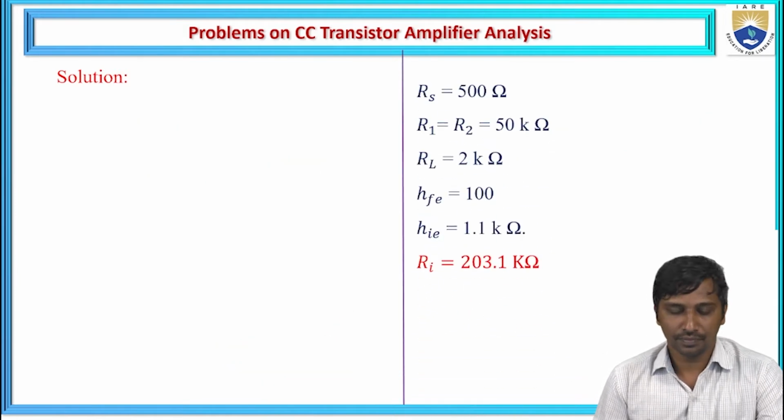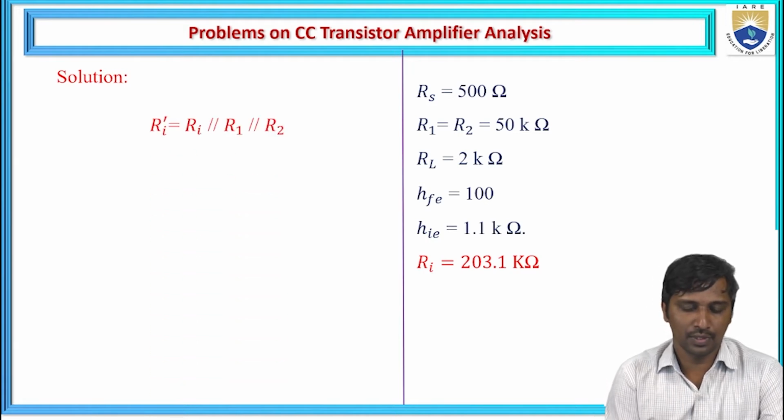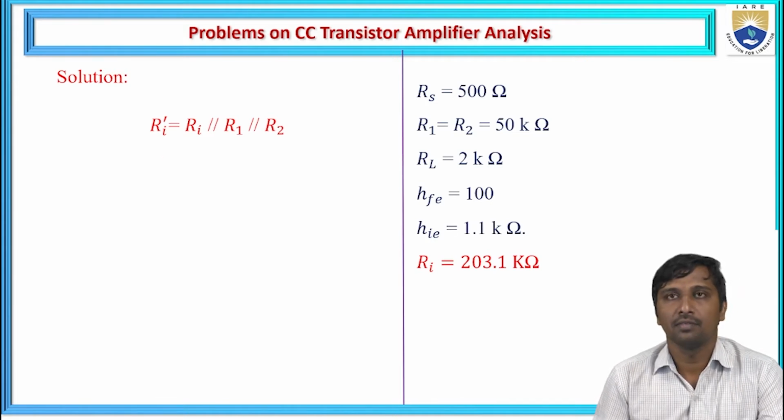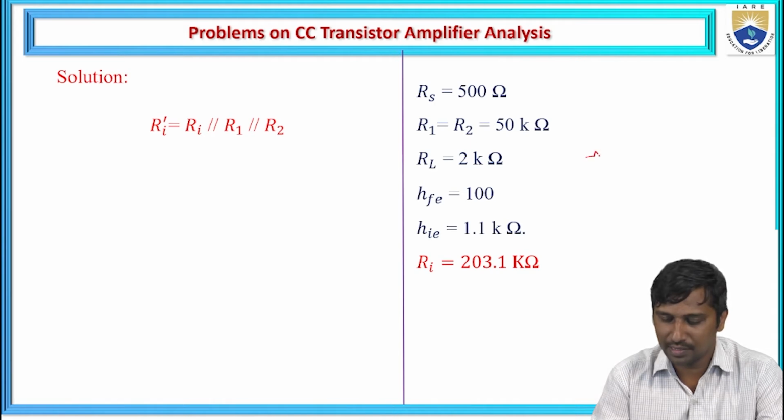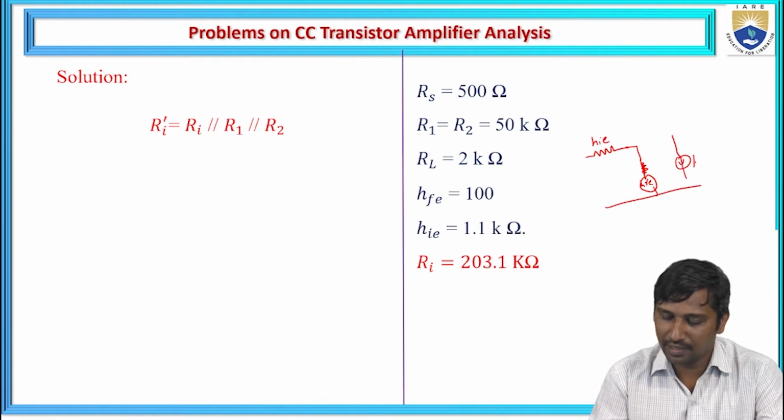Similarly, we need to calculate the total input impedance for the input side. In the small signal model we have HIE, the reverse voltage gain HRE, the forward current gain HFE, and on the output side the output admittance HOE.